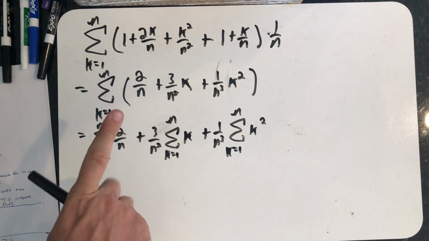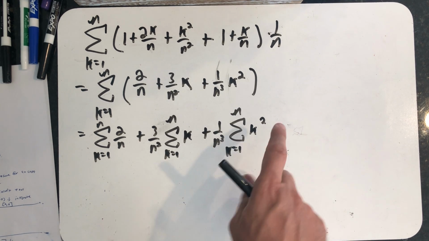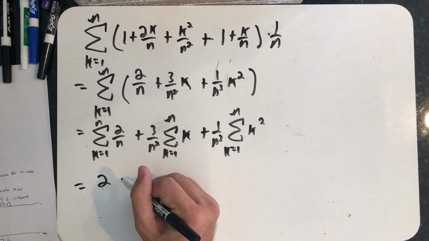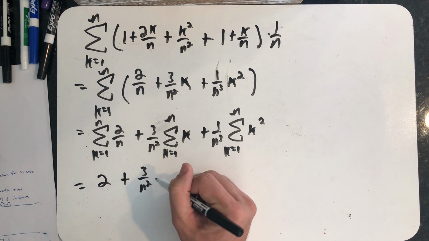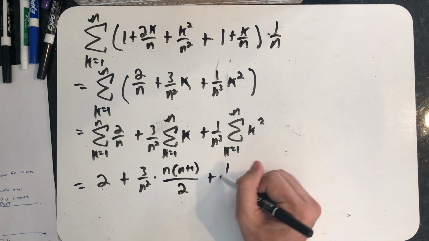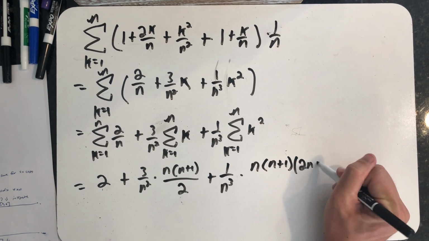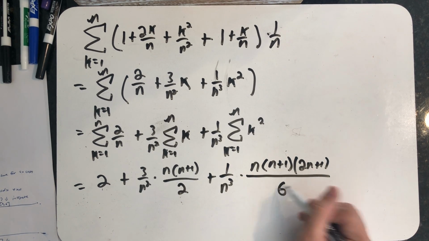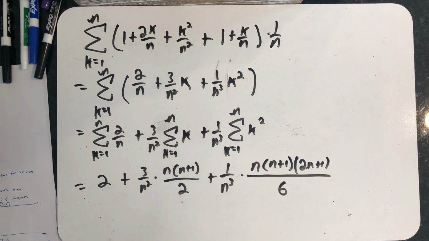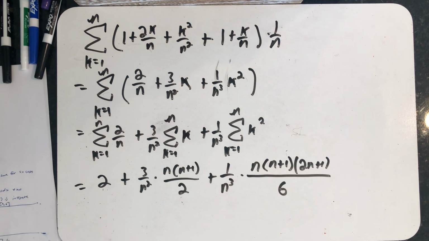And now I can use the constant rule for the sum, the special formula I have for the sum of the first n whole numbers, and then the formula I have for the first n perfect squares. Okay, so here is now my formula that would give me an area approximation for any value of n I plugged in. And now I just need to plop it back over here and take a limit as n approaches infinity.